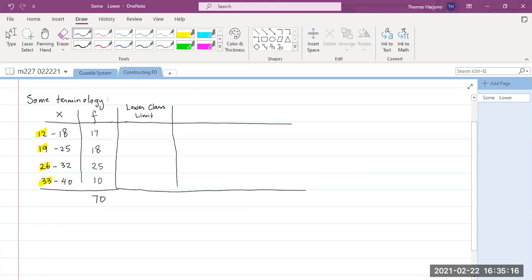Our textbook doesn't talk about this though. Now, lower class limit is, if you have an interval for that class, then the smallest number registered in the interval is the lower class limit.